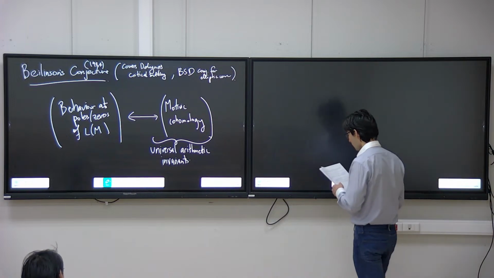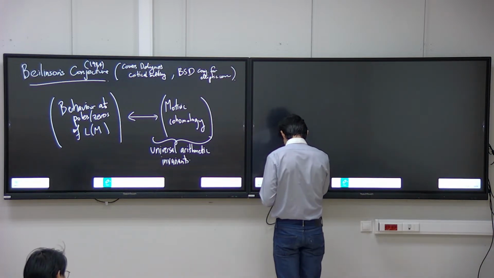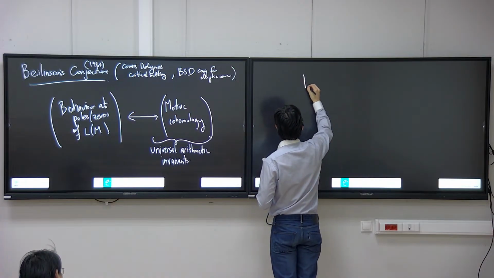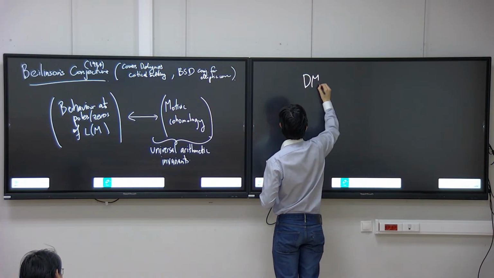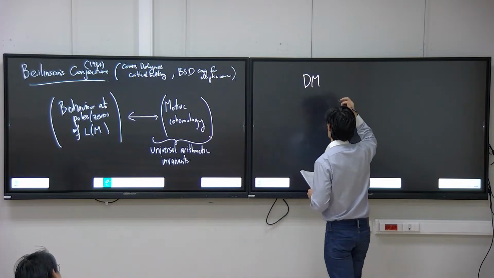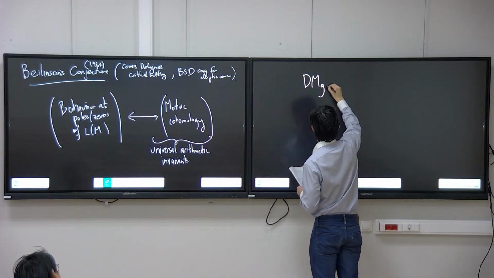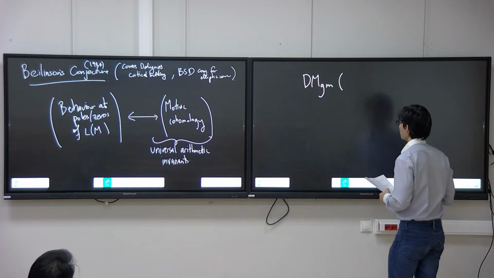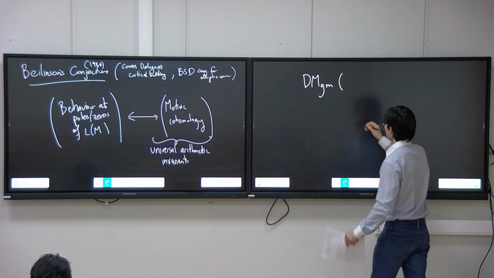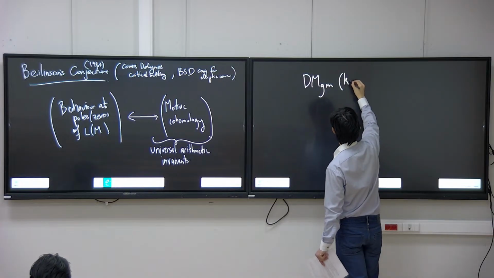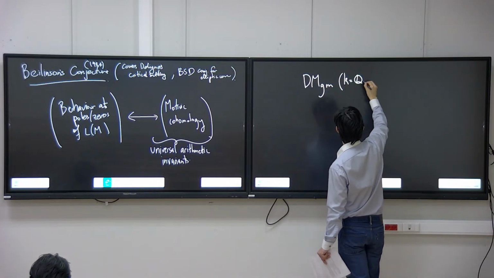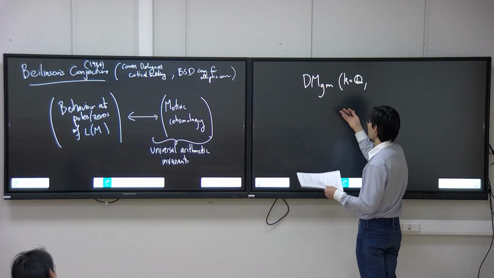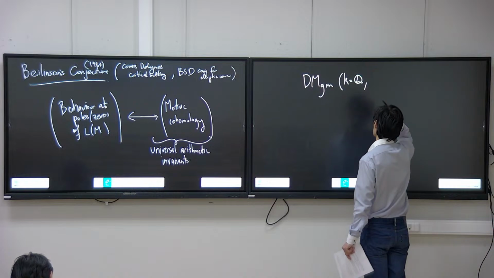Okay, the setup is as follows. We look at a different realization coming from mixed Hodge structures. So I have my category of geometric motives, and now I work over the rationals, so I let k equals Q. This means that I'm looking at varieties over Q. I can also look at other things, but let's just fix Q for now.